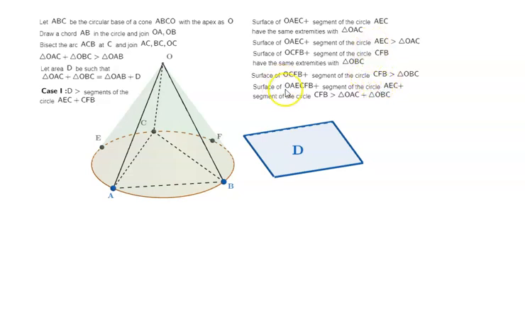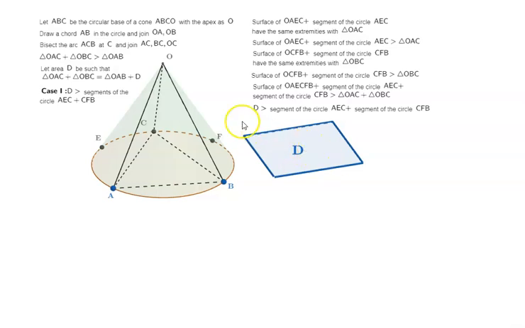So the surface OCFB plus OAEC, if we take both these surfaces, then we end up with the surface of OAECFB plus the segment of the circle AEC plus the segment of the circle CFB is greater than triangle OAC plus triangle OBC.